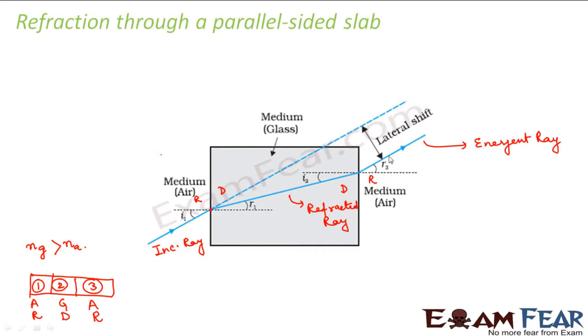So what do we see? This emergent ray comes out like this. Now, had the incident ray continued, it would have come out somewhat like this, but because of refraction the ray came out from here. So there is a net shift of the emergent ray from the incident ray. So this shift is known as lateral shift. So this lateral shift takes place on account of refraction.